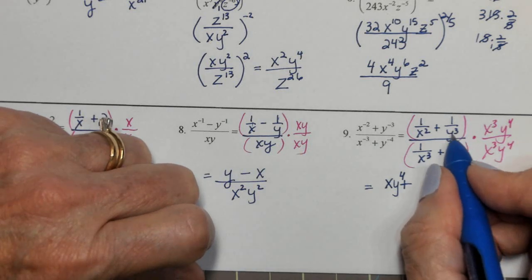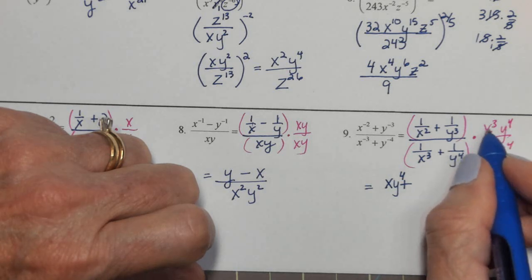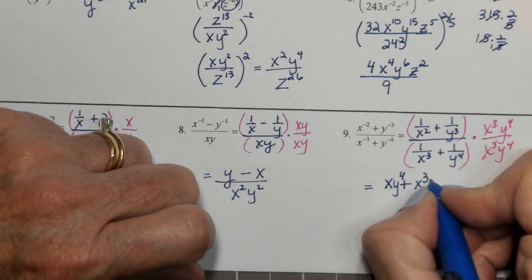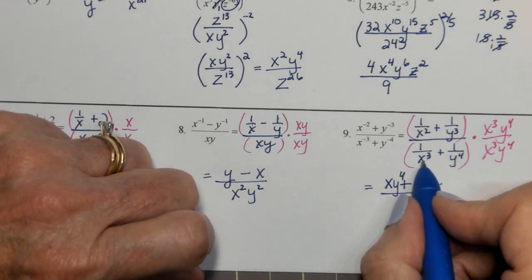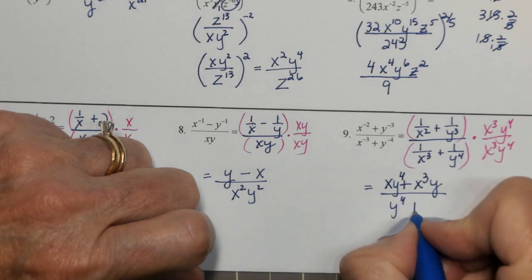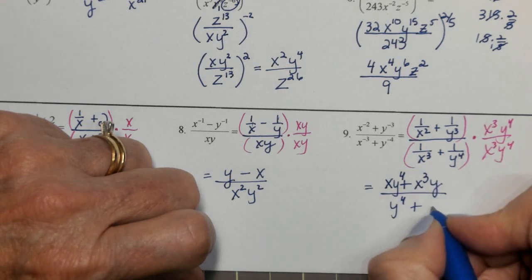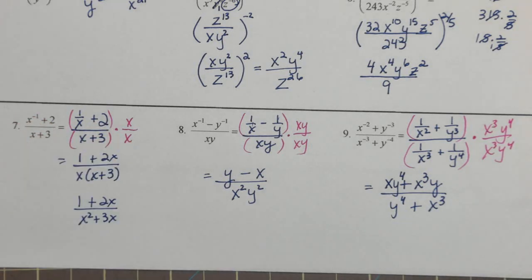And then the y cubed is going to reduce with the y to the 4th, leaving me a y, but I still have that x cubed, so x cubed y, divided by, here the x cubed will reduce out, leaving a y to the 4th. The y to the 4th will reduce out, leaving an x cubed. So that is it. Okay, cannot reduce that further.